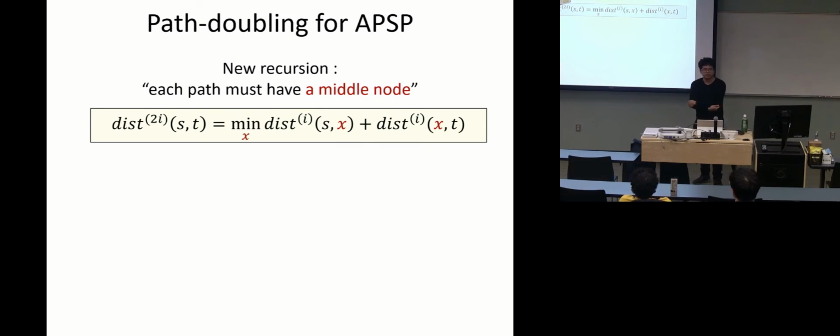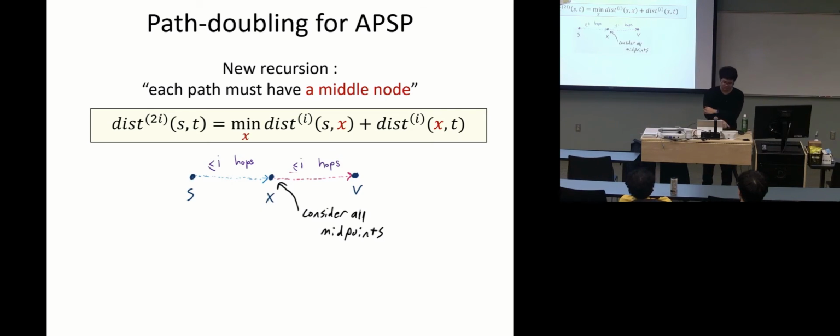So basically, this is the new recursion. You just know that any path must have a middle point. So suppose that I want to compute the 2i hop bounded distance from S to T. Let's say that x is in the middle.